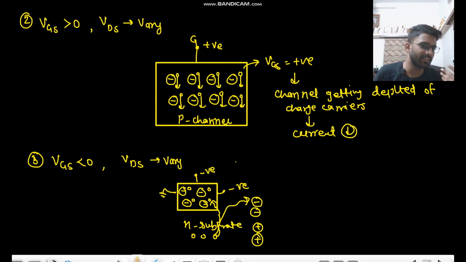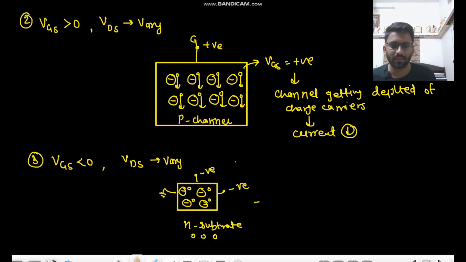So if we are applying VGS negative, a negative potential at the gate, we are attracting the holes and the channel is getting enhanced with charge carriers, so the current will increase. This is what we will write. These are going upwards.